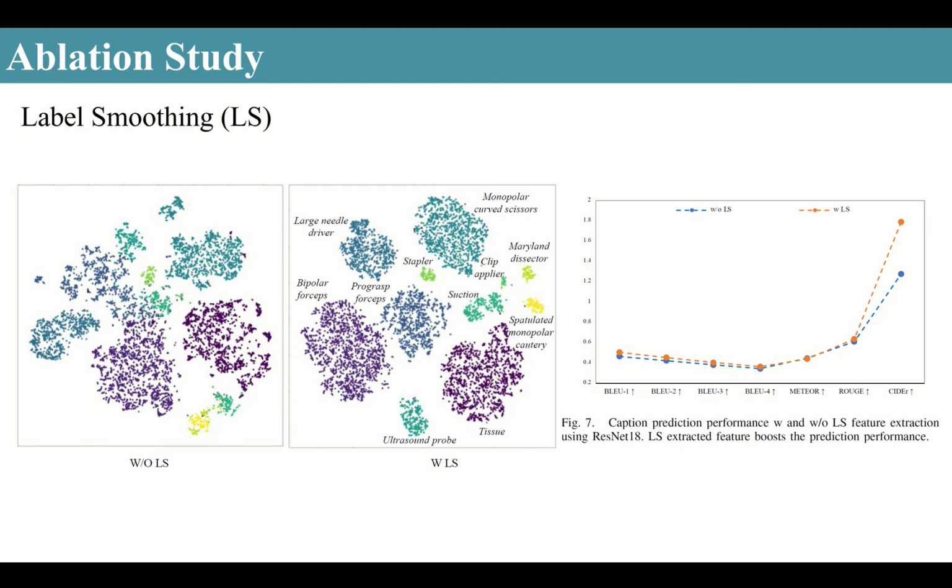The TSNE plot shows that the extracted features with label smoothing are more distinguishable and have tighter clusters for the same class. The right figure shows the caption prediction performance with and without label smoothing feature extraction using ResNet 18. We found that label smoothing can extract features better and boost the prediction performance.